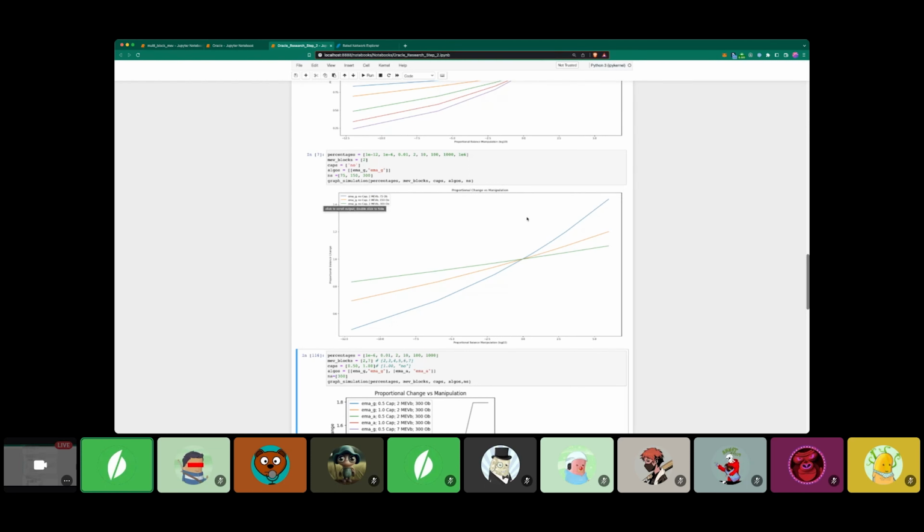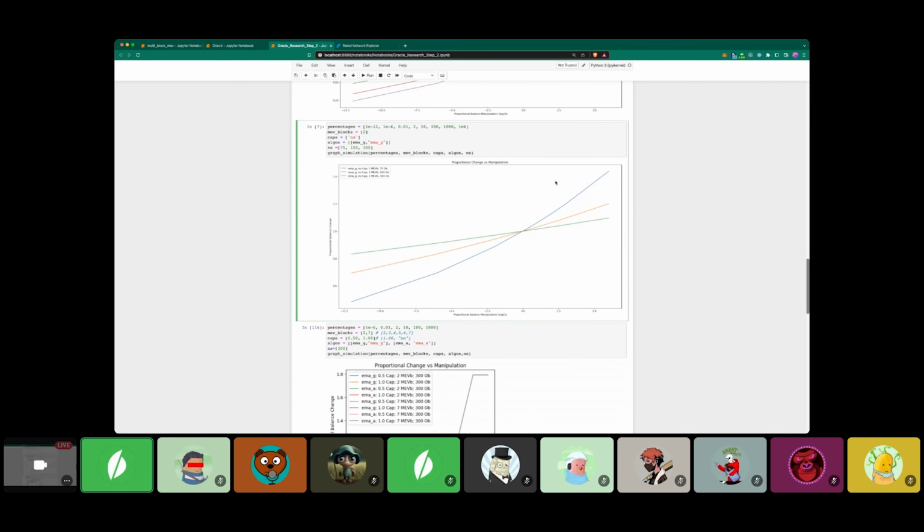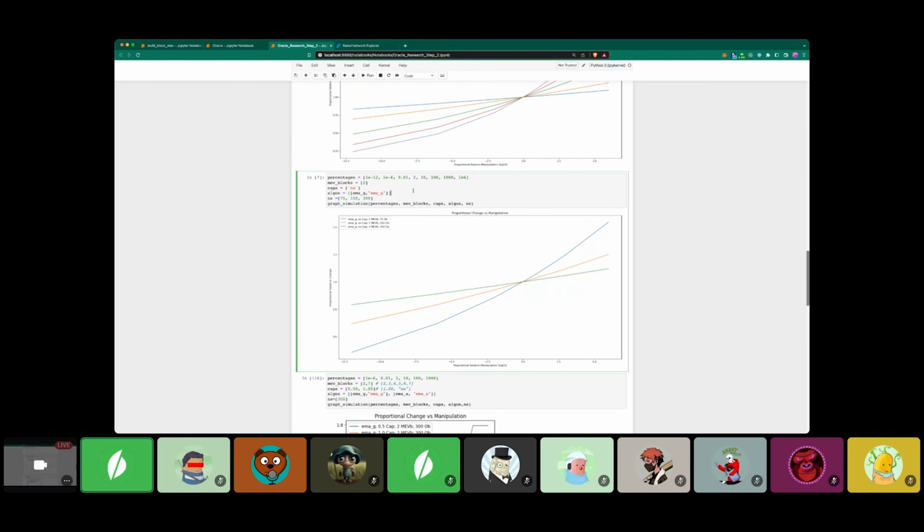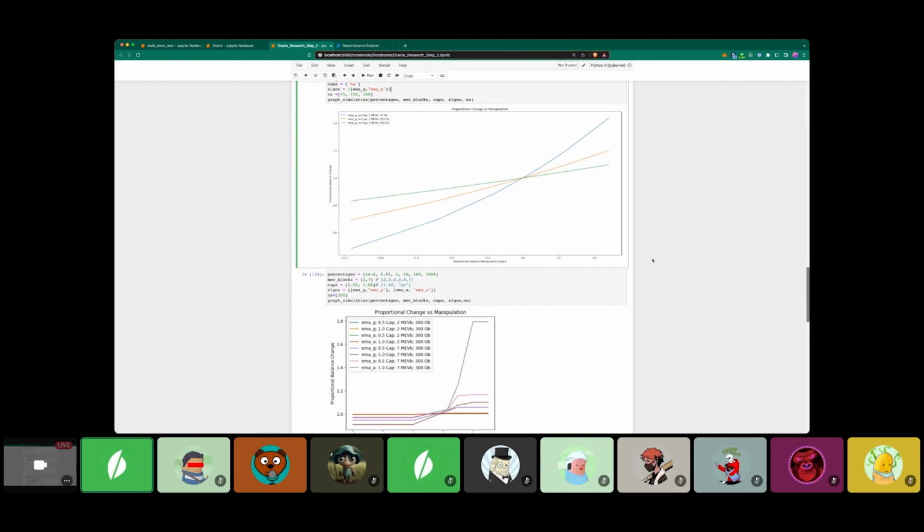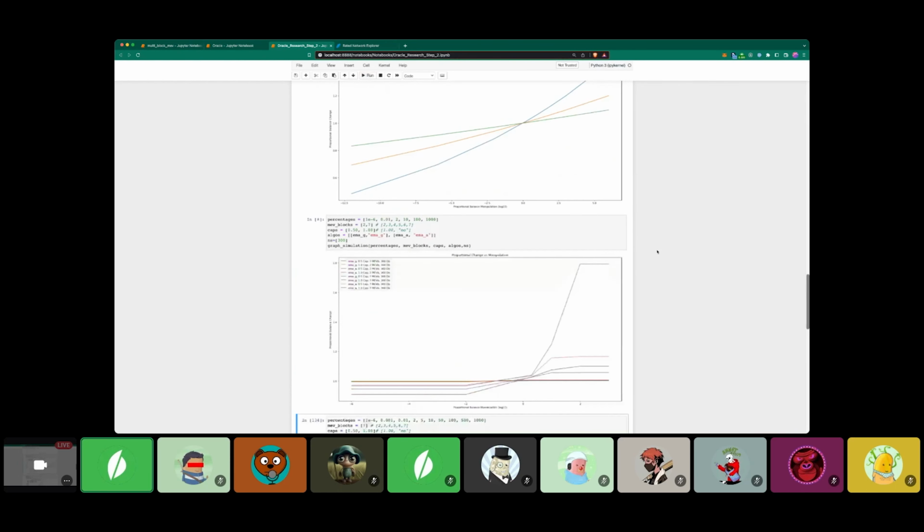So, as the last step, which is introducing the percent cap into this problem, we'll need to experiment with different oracle lookbacks, and you can see how important the lookback is in terms of the maximum manipulation.